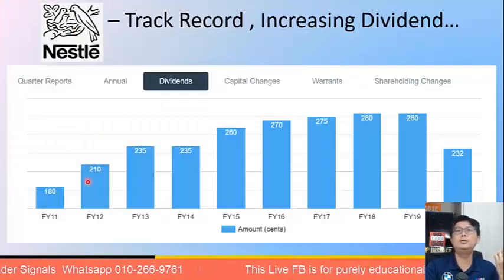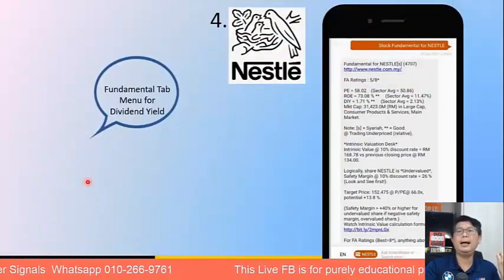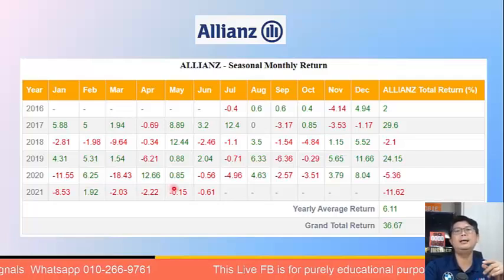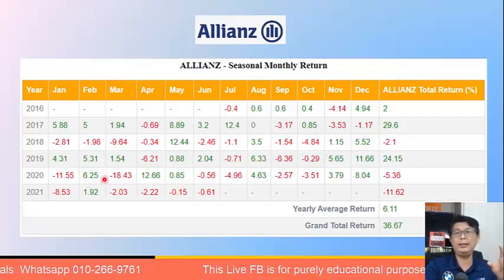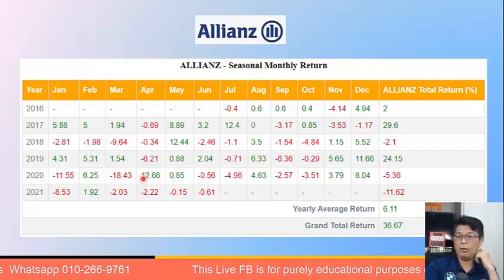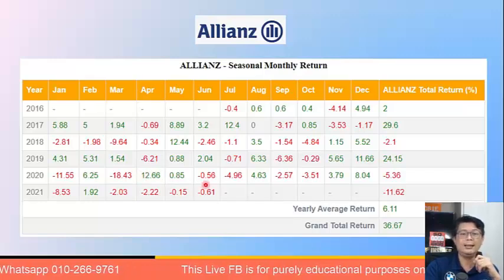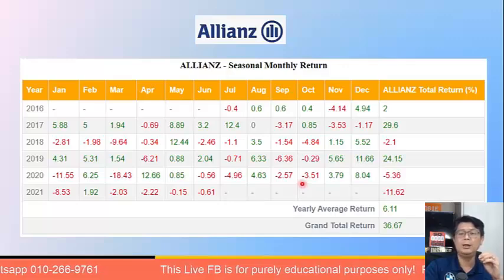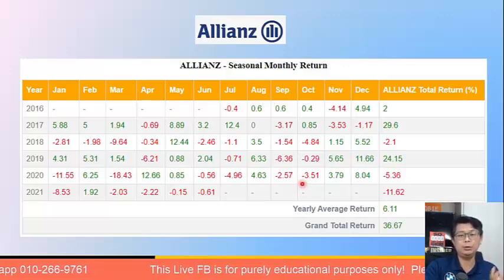And you go back to the other stocks, dividend stocks don't fluctuate a lot. You can see here with the month of 2020 last year for Allianz, there's a big movement. Other than that, most of them are like 2%, 1% kind of movement. So you're sacrificing maybe less than 2%.